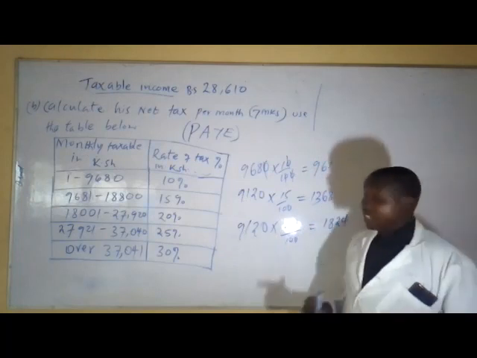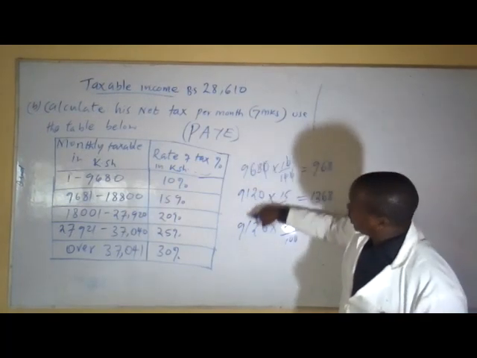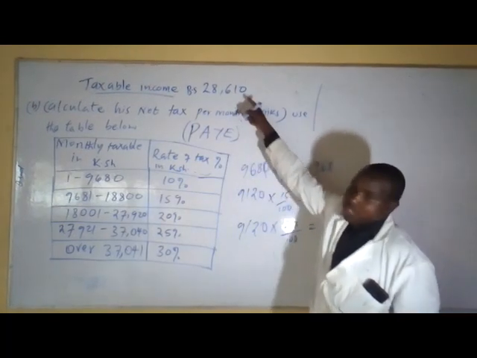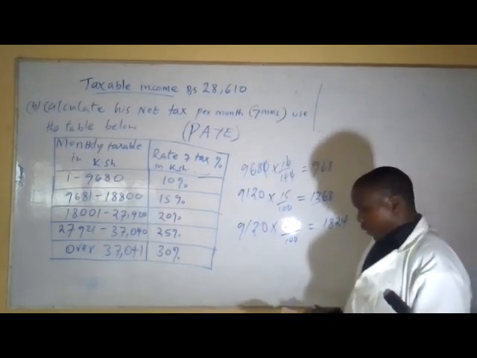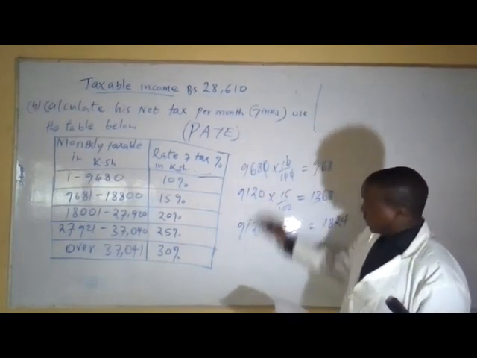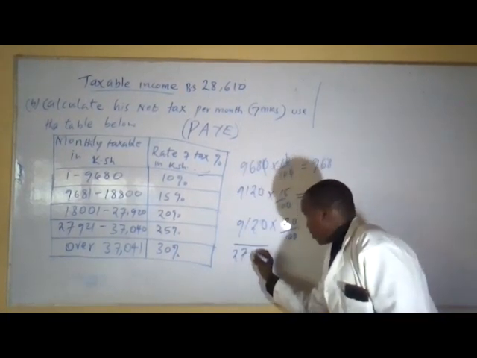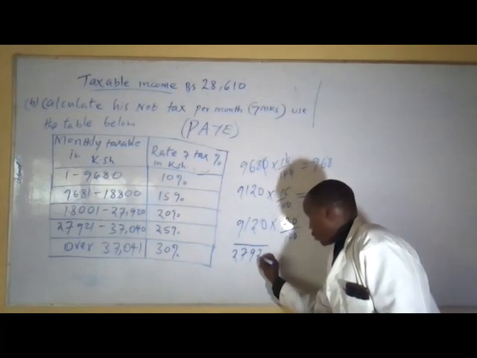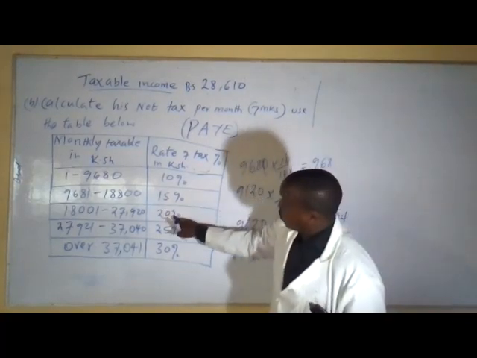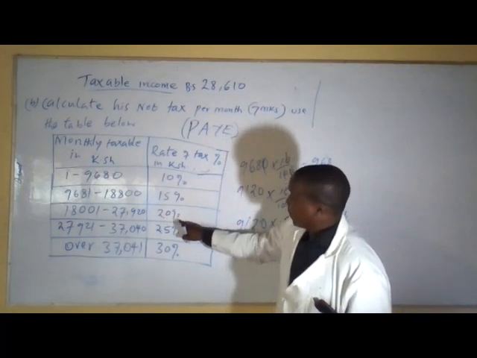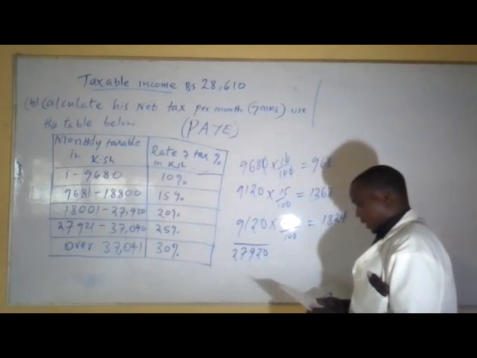As you move down, you must ensure that the total does not go beyond our taxable income. Therefore, when you add this and this, the total will be 27,920. If you move to the next slab, you will go beyond the amount that we had.